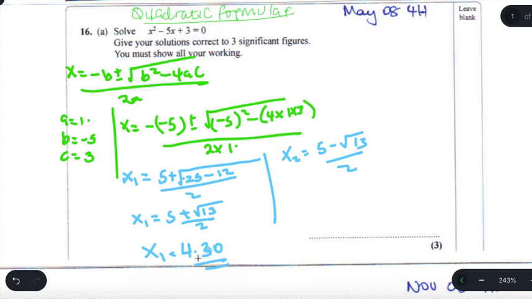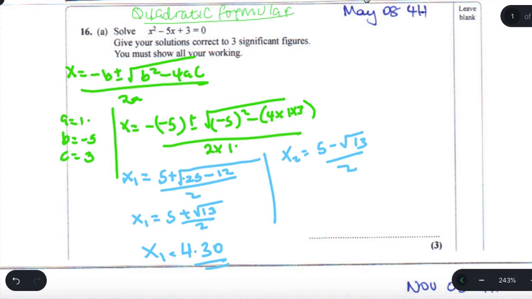I know you can see that they are just 2 decimal places, but when you look at the numbers after the 0, if you round off to 3, then these will be 4 significant figures. So that is why we just stop at 0.